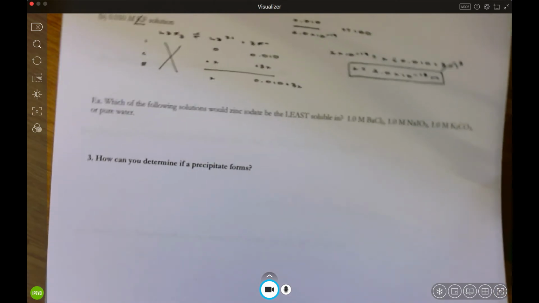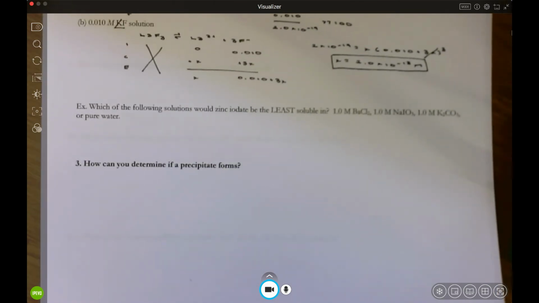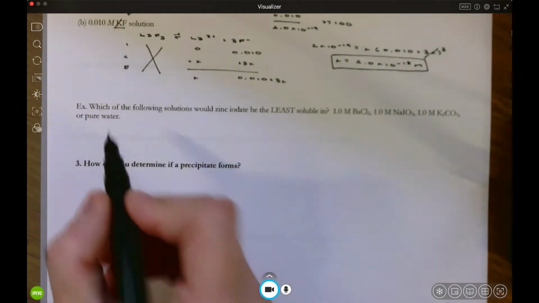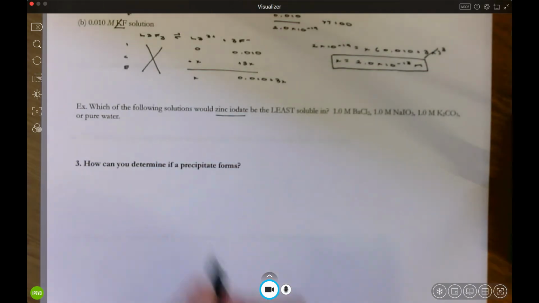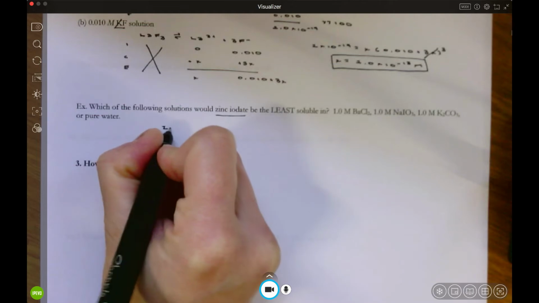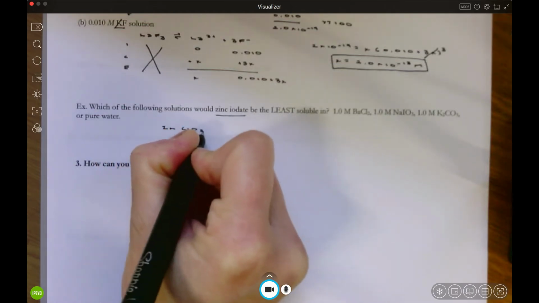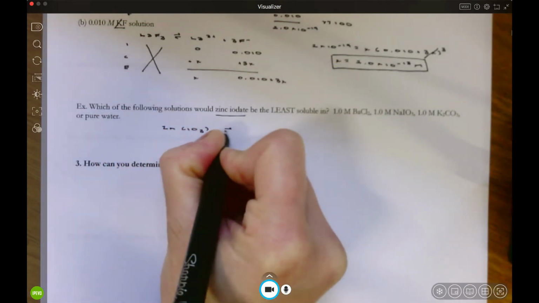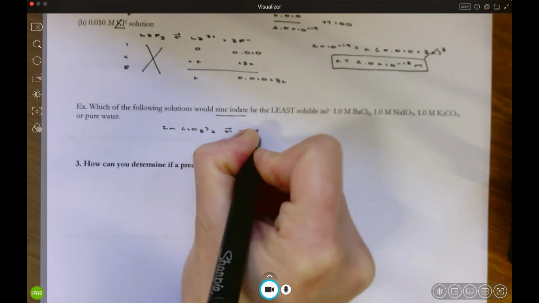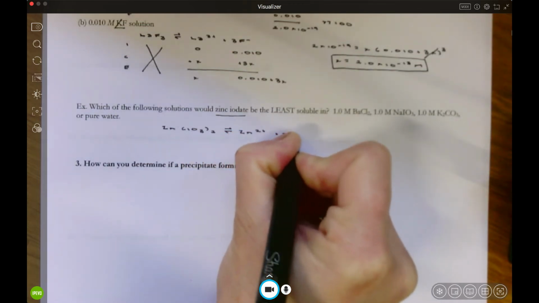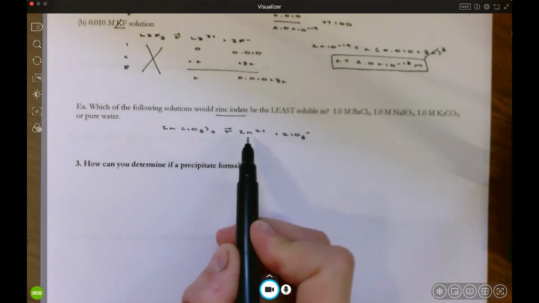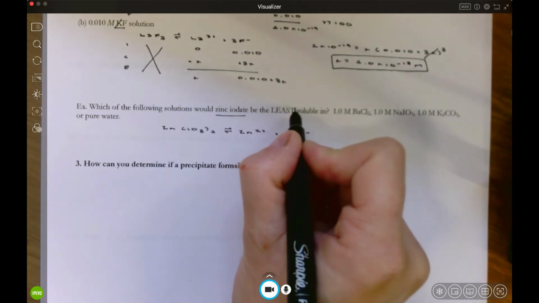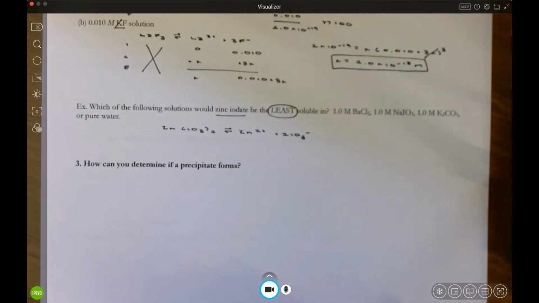So let's talk about a more conceptual question with respect to the common ion effect. It says, which of the following solutions would zinc iodate be the least soluble in? So I'm going to really quickly write out the dissociation reaction for zinc iodate. If you look at this, I want to find something that is the least soluble, meaning I want a common ion.